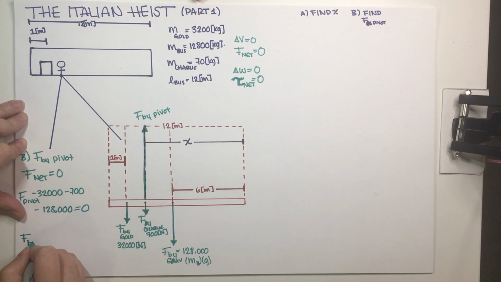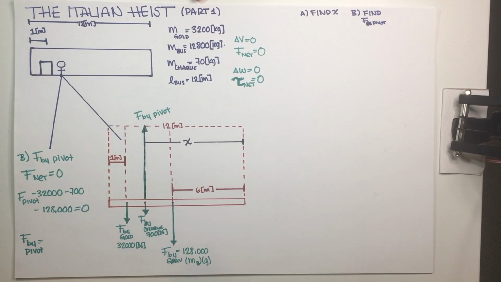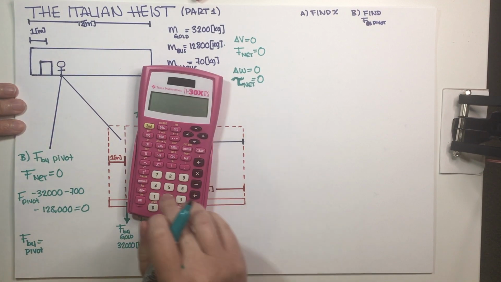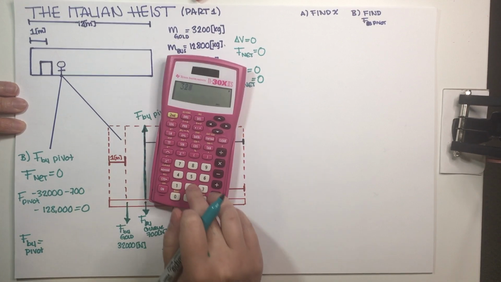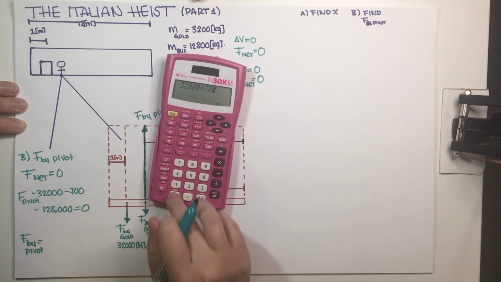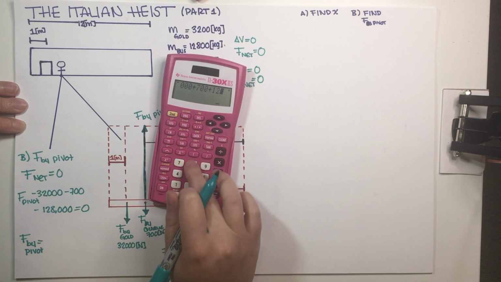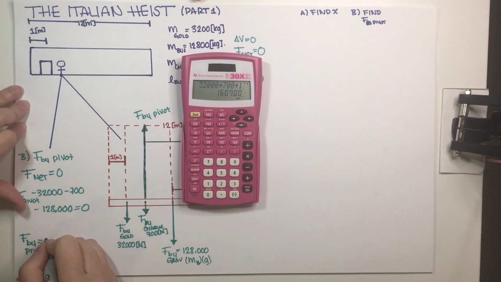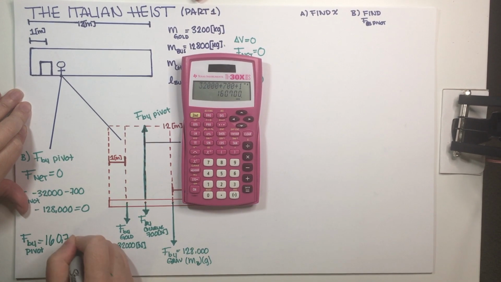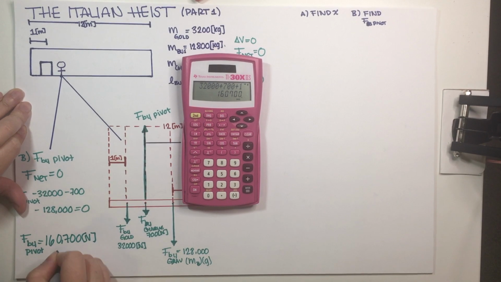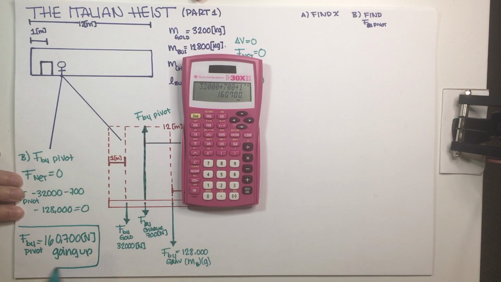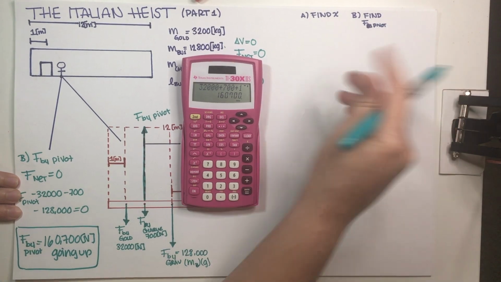So that means that force by pivot just has to be equal to, let's see, 32 plus 700 plus 128 and down. Alrighty, so 160,700. So there we go. Magnitude and direction of the pivot force.